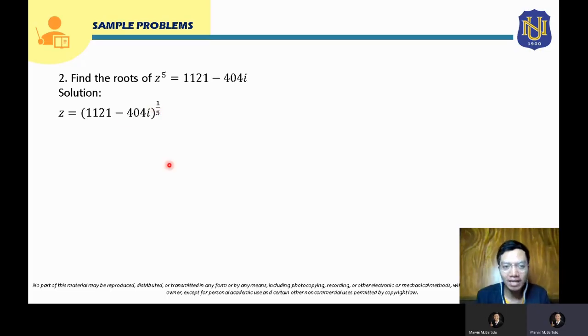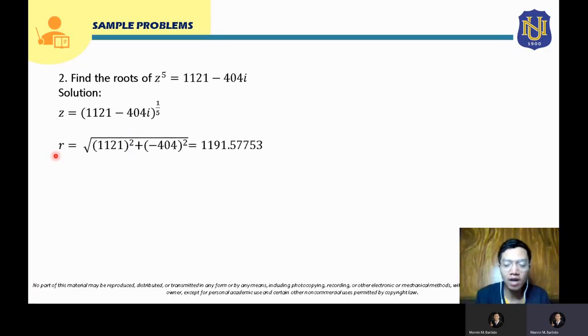Before we can apply De Moivre's theorem, we need first to convert this rectangular form of complex number into a complex number form that has r or modulus and argument or theta. So let's first solve for r.